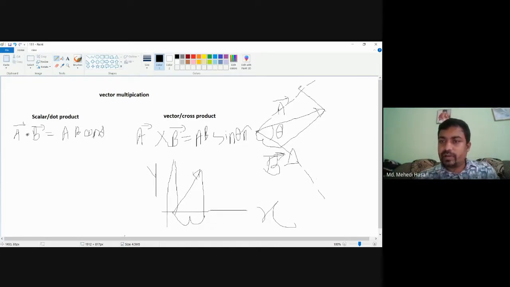The perpendicular line drawn this way gives the component in the y direction. We call it the component of vector a perpendicular to b. You can call it the y component, or the component perpendicular to the x-axis, or the component along the y-axis. It is the same thing: this component along the x-axis is the component of vector a along the direction of b, and this component is the component of vector a perpendicular to vector b.